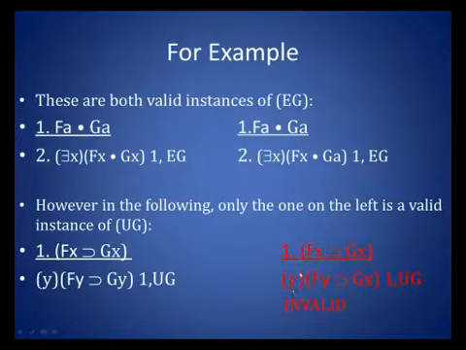In this case, the variable in our quantifier is Y. Therefore, we need to replace both of our instantial letters, both the X's, with a Y, like we did over here on the left. So this over here on the left, good. This over here on the right, bad. Don't do it.